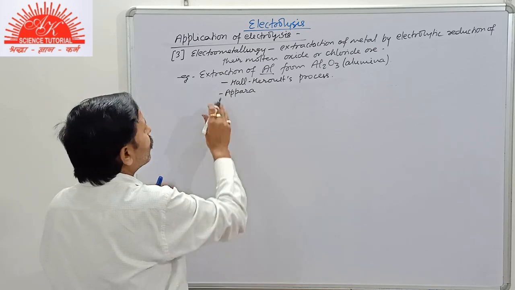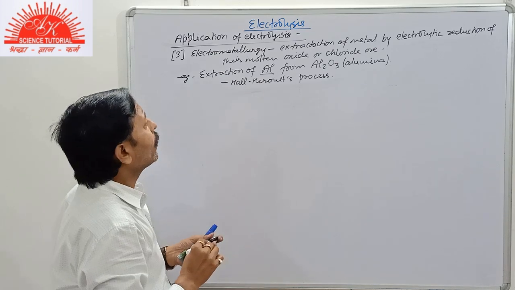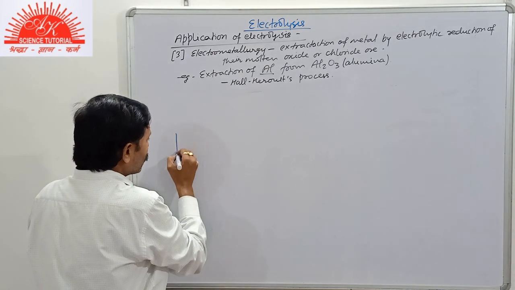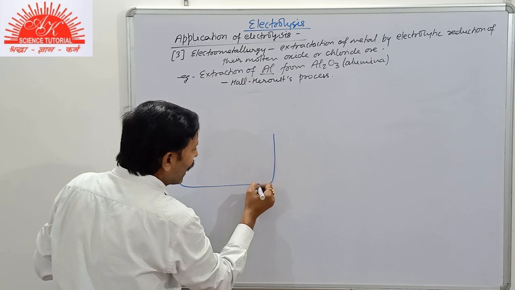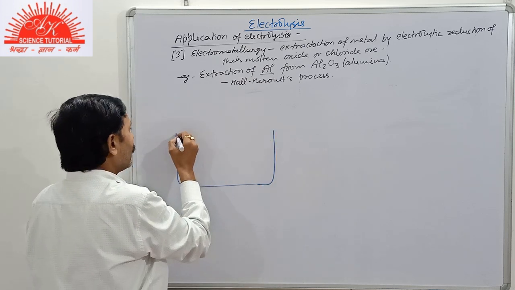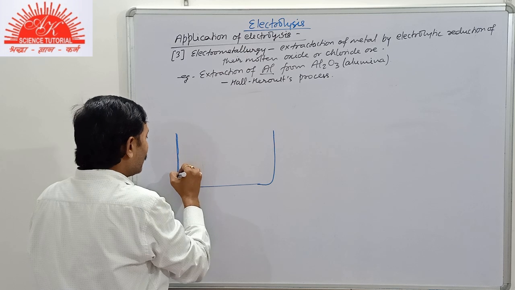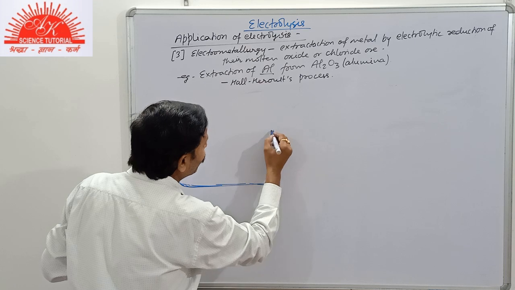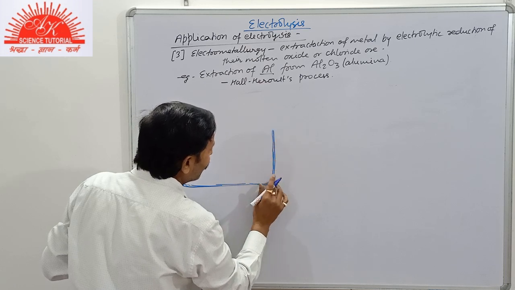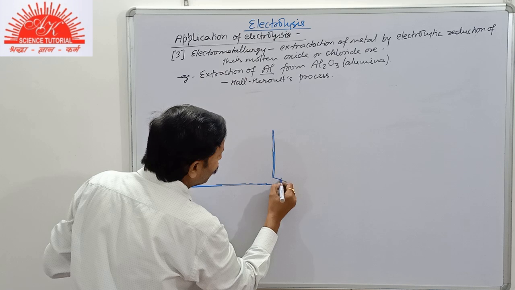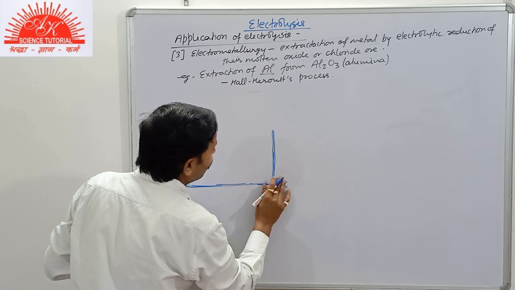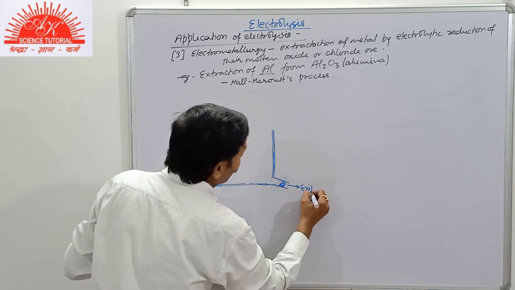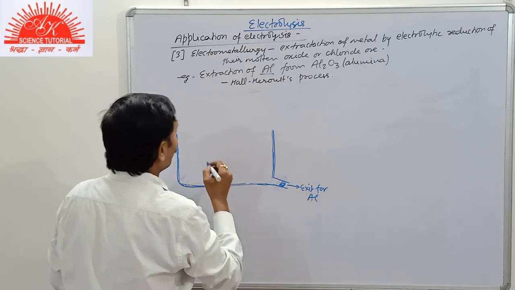Since it is an industrial process, a huge iron steel tank is taken and it is lined, that is, coated from inside with carbon, called carbon coated, and at the bottom is the exit for aluminium.